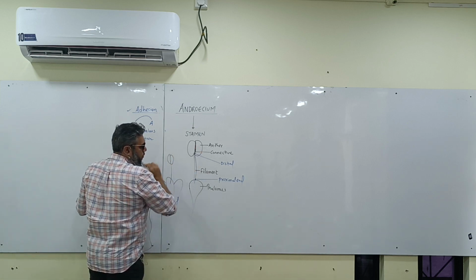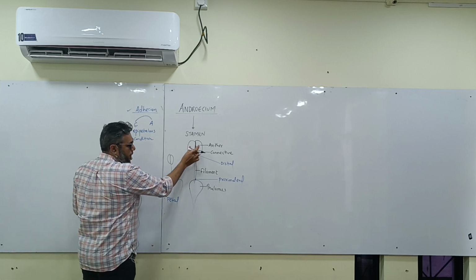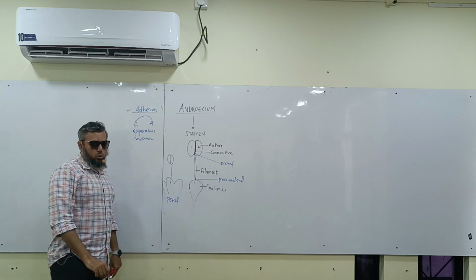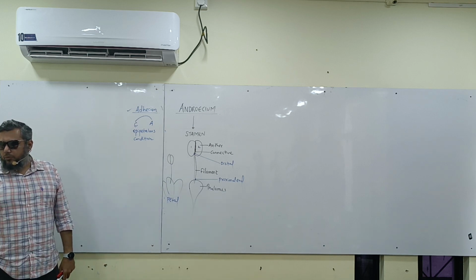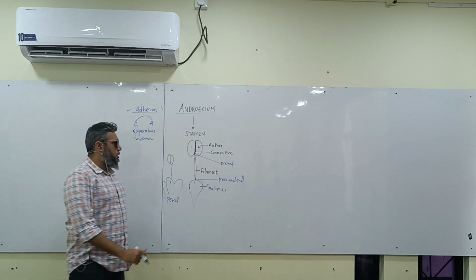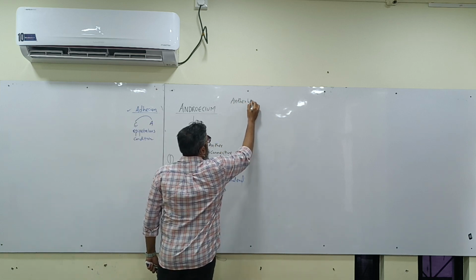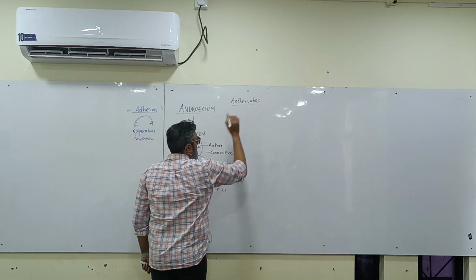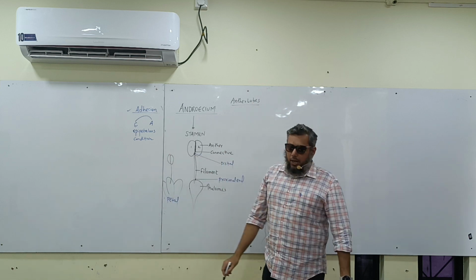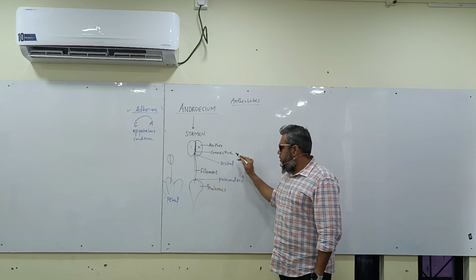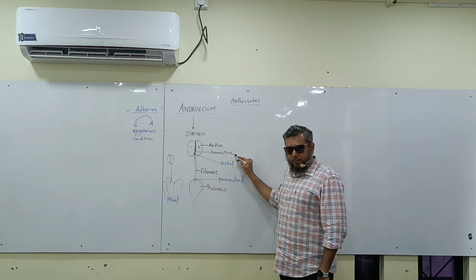Now, a typical anther shows the presence of two compartments. These compartments are called anther lobes, and the two anther lobes show the presence of a connective.